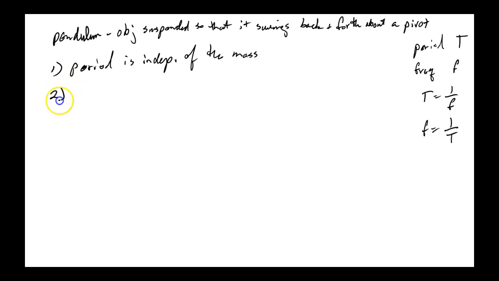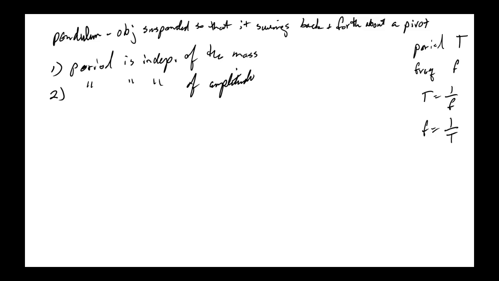Number two, the period is independent of the amplitude. Now, wait a minute. It seems like if you started that grandfather clock, if you raised it too high and started back and forth, it would get off time. It doesn't, okay?